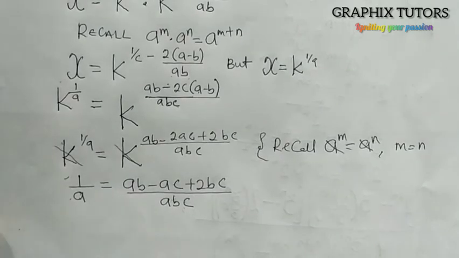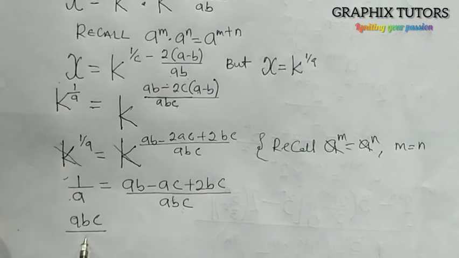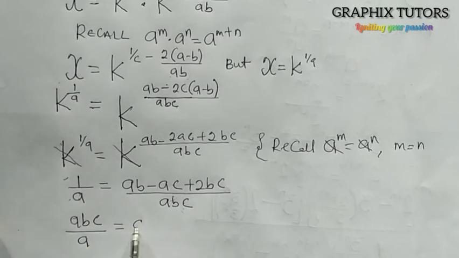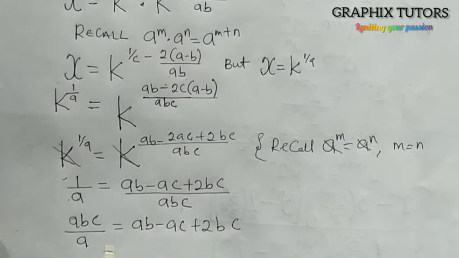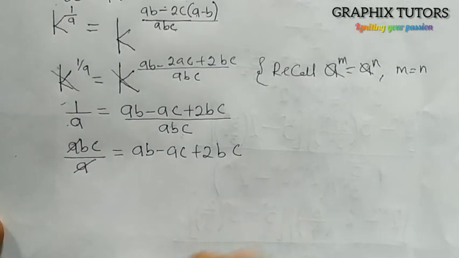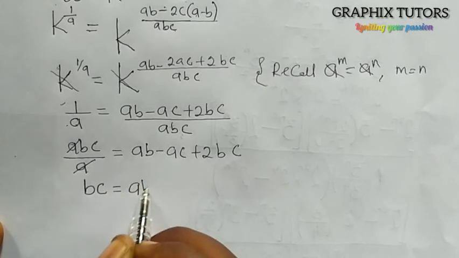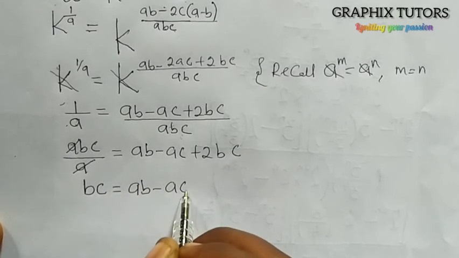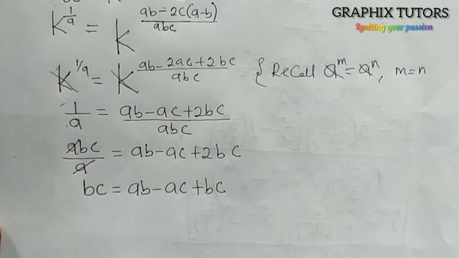If I take this here, I'll be having ABC all over A is equal to AB minus AC plus 2BC. Now A will equate A. We're left with what? BC. So the BC will now give me AB minus AC plus what? BC, right?